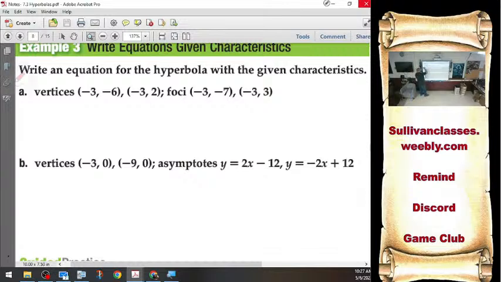All right. So I'll write out my form first. I've got something minus something squared over something minus something squared over something is 1. Feel like a little kid the first time they play on a walkie-talkie. Over.